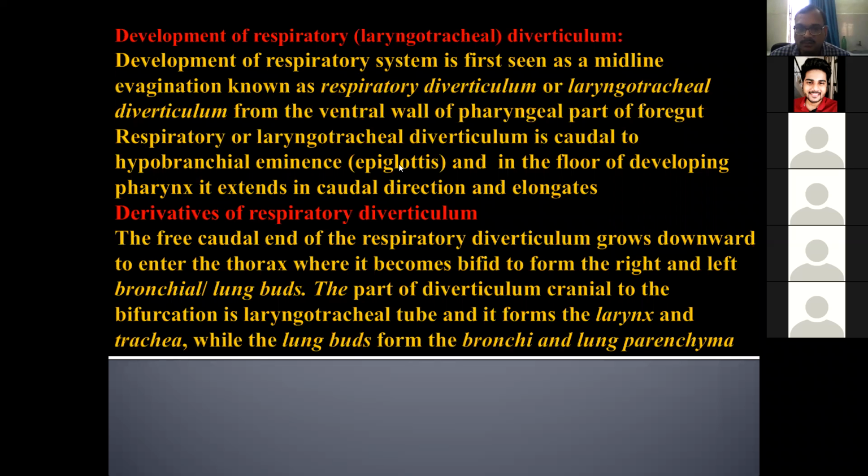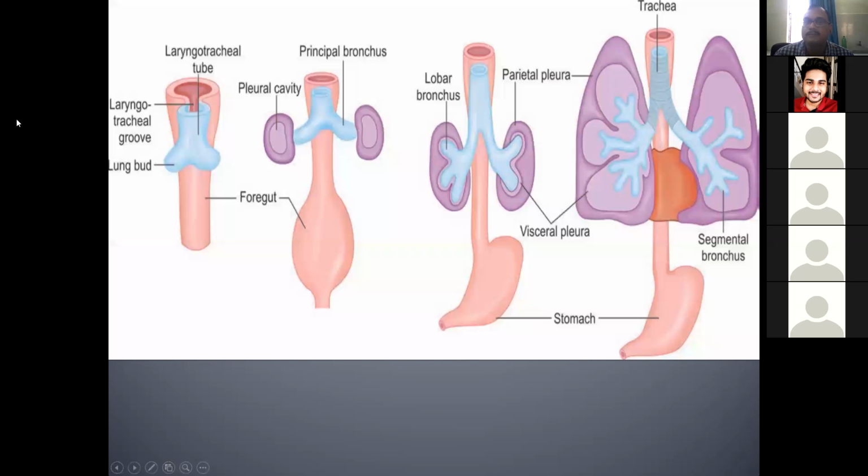Now, derivatives of the respiratory diverticulum. Before describing this part, let us see the diagram. Now you see here, this entire part, this pink color and this blue color, is called the respiratory diverticulum.